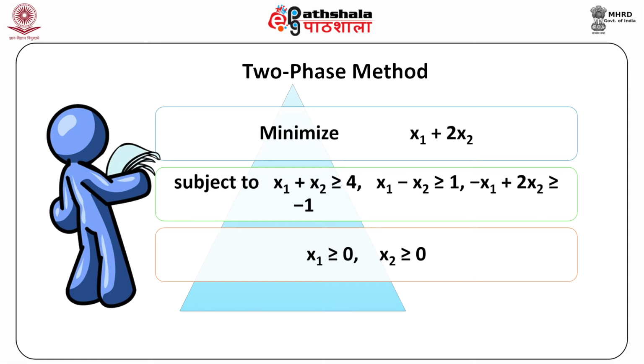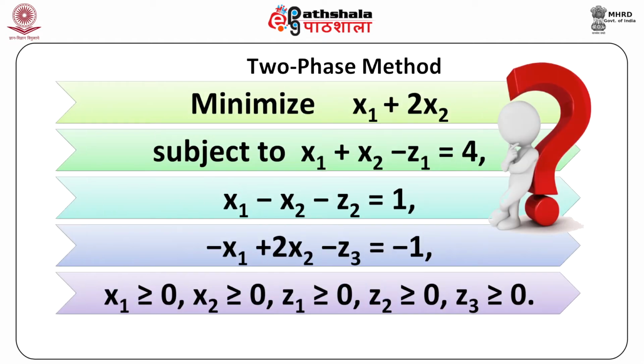Minimize x1 plus 2x2 subject to x1 plus x2 greater than or equal to 4, x1 minus x2 greater than or equal to 1, and minus x1 plus 2x2 greater than or equal to minus 1, with x1 greater than 0 and x2 greater than 0, which after adding slack variables is equivalent to this first problem.